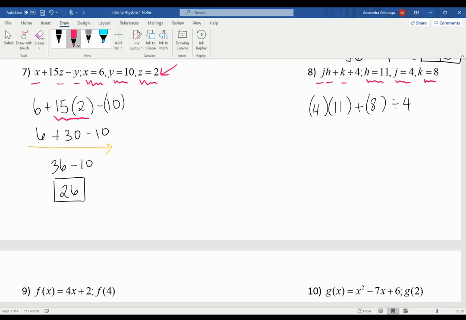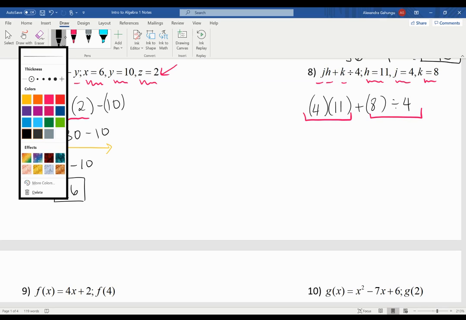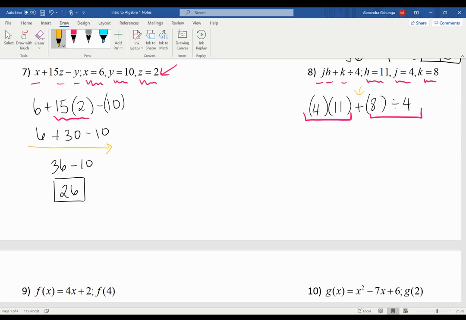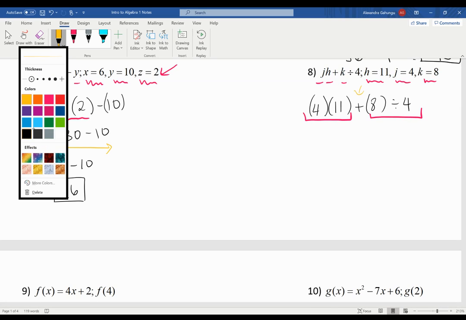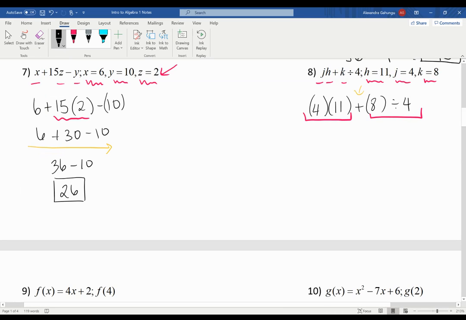It looks like I've got multiplication and division. I think I'm going to do those in the same step, but keep that addition in between because that hasn't changed. We haven't added anything yet. So we've got 44 plus 8 divided by 4 is 2. And then now we can get 46.